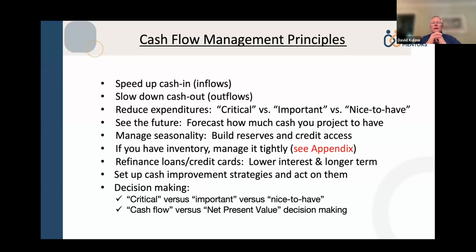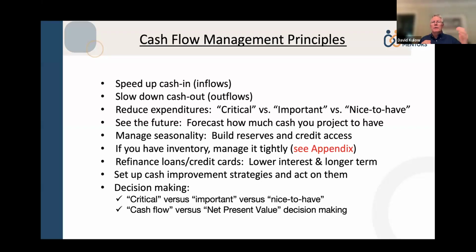And then also look at things from a cash flow basis versus net present value decision. When you get to be larger and cash isn't an issue, you can look and say, hey, if I take $1,000, I can invest it in this, whether it's say marketing or extending to consumers or a new service that you want to do, and as you look at it, a $1,000 investment will generate $5,000 in return.